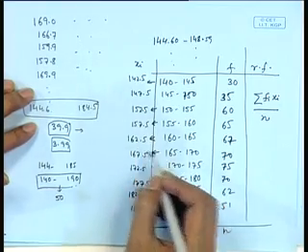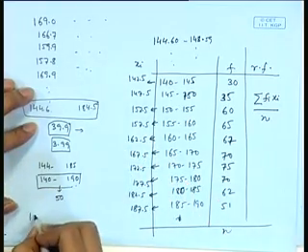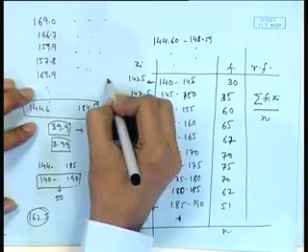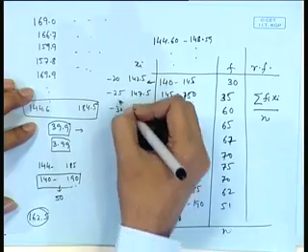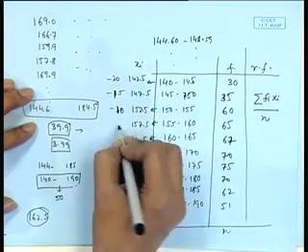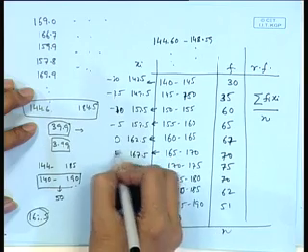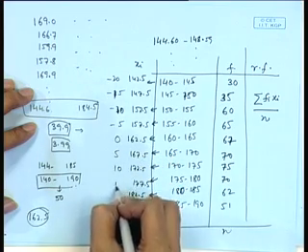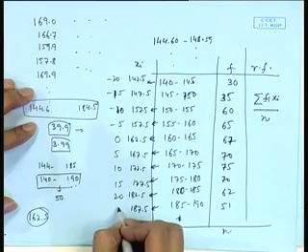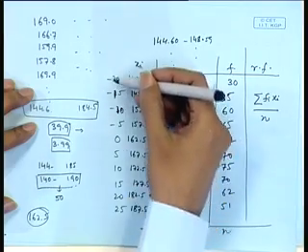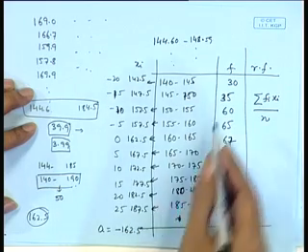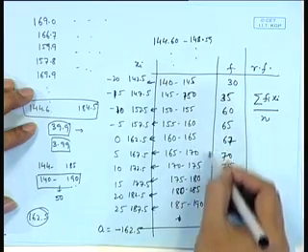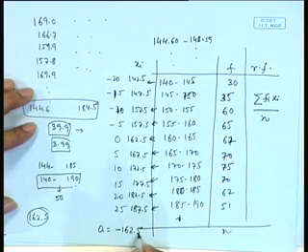Suppose we shift all the values by 162.5, then this will be minus 20, minus 25, minus 30, minus 15, minus 10, minus 5, 0, 5, 10, 15, 20, 25. Since I have shifted by taking minus 162.5, whatever average of this comes, it will actually be x bar minus 162.5.